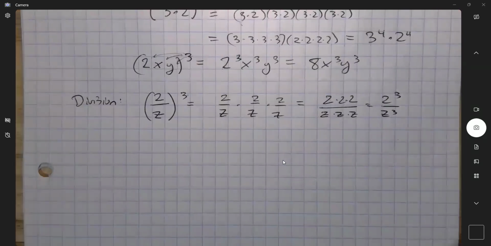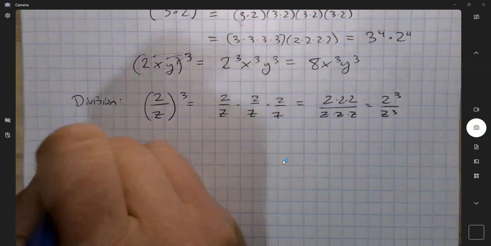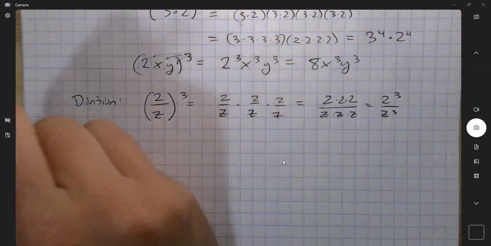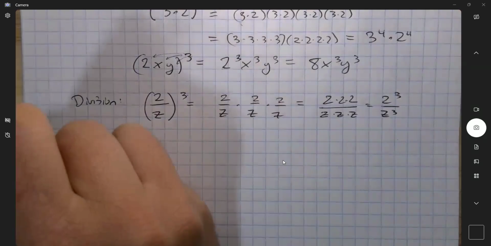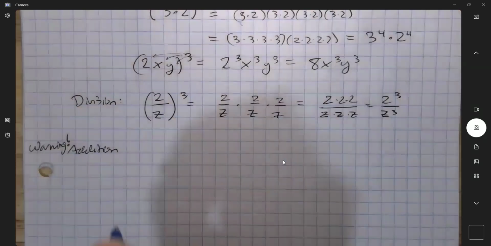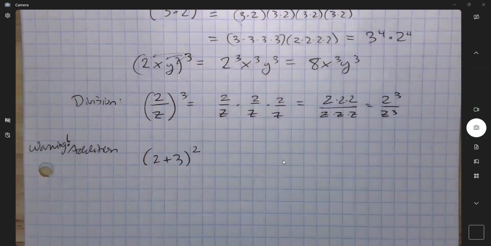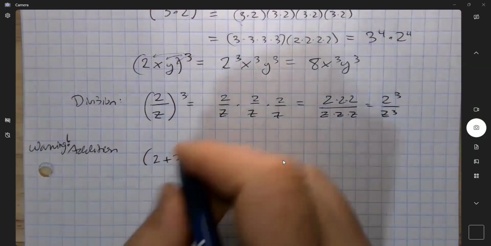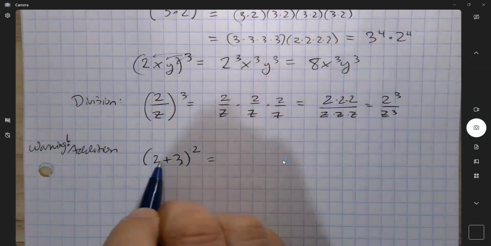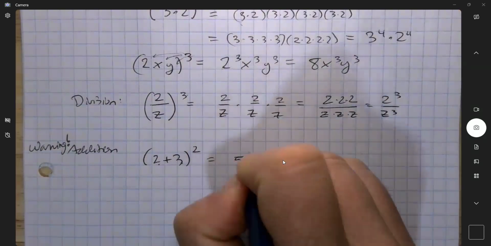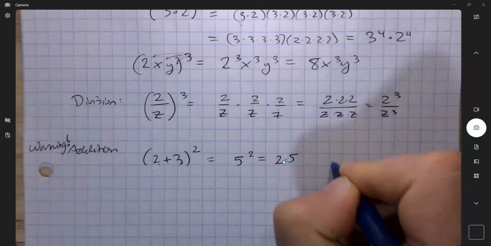It does not work that way with addition. So let me write warning. If I try 2 plus 3 and I raise it to the second power, well, it's a lot easier just to do the 2 plus 3 first. That's 5 squared, which is 25. This is correct.